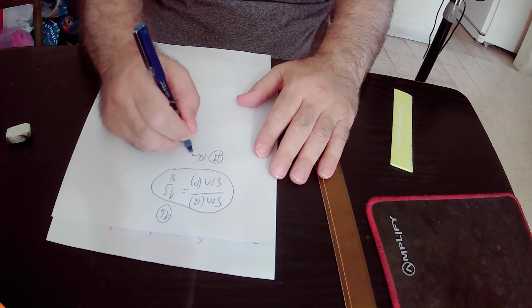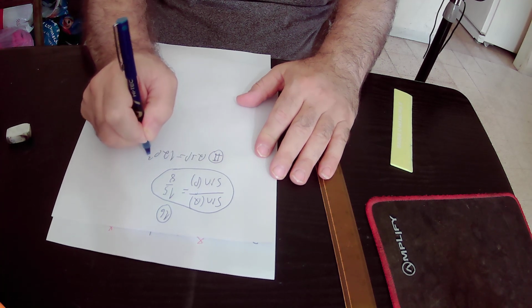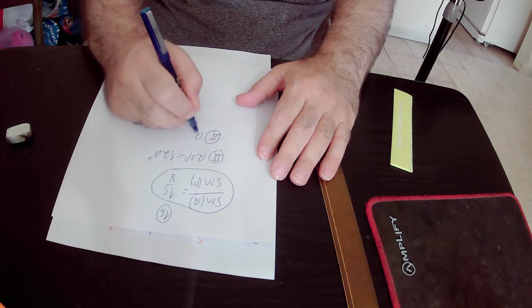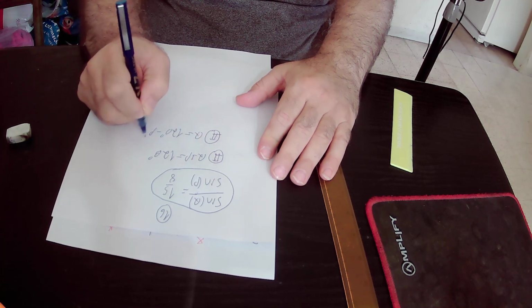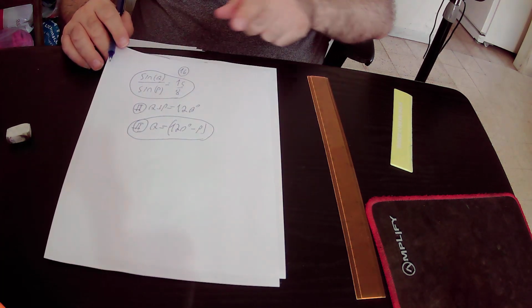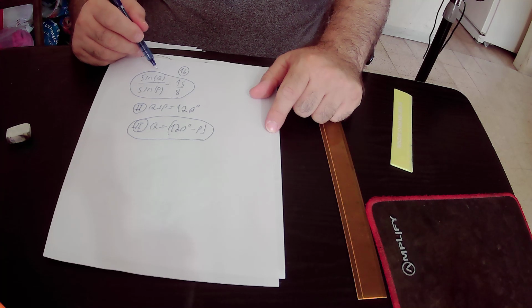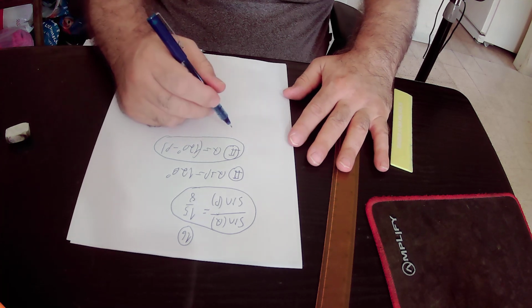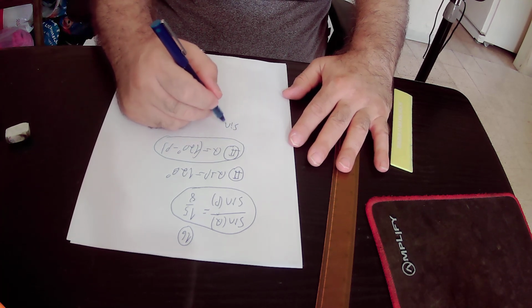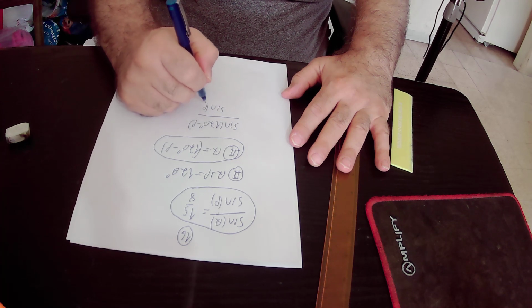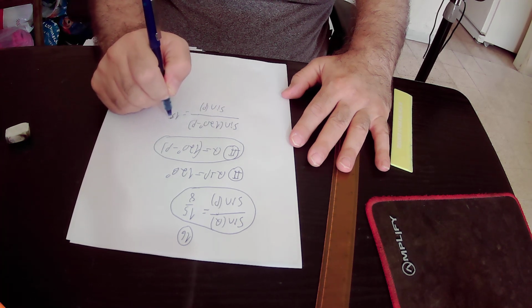Here we will subtract P from this equality and we will get that Q equals 120 degrees minus P. So we can substitute Q in this equality by 120 degrees minus P. So we will do it now, and we will get sine of 120 degrees minus P over sine P equals 15 over 8.